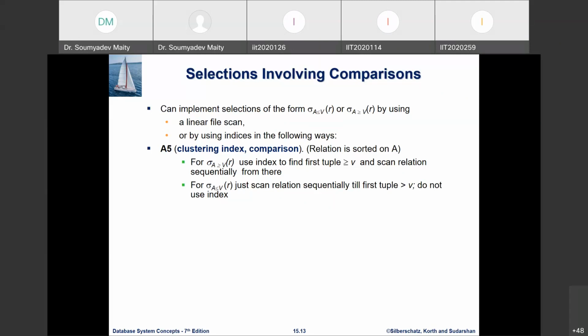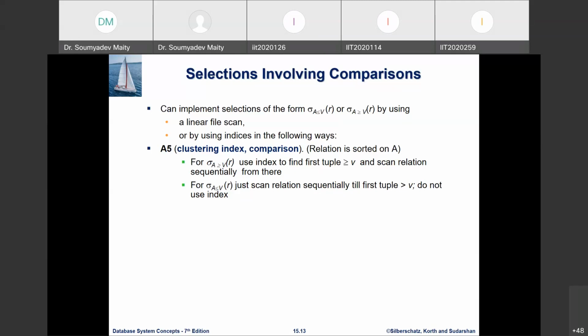Now think about the cost. In order to get the reference to the first record satisfying that condition, you have to scan through the B+ tree first. So HI into TT plus TS. And then you get the reference to the first record. One more seek will be required. And then you read the rest of the file without any more seek. But definitely block transfers will be required.